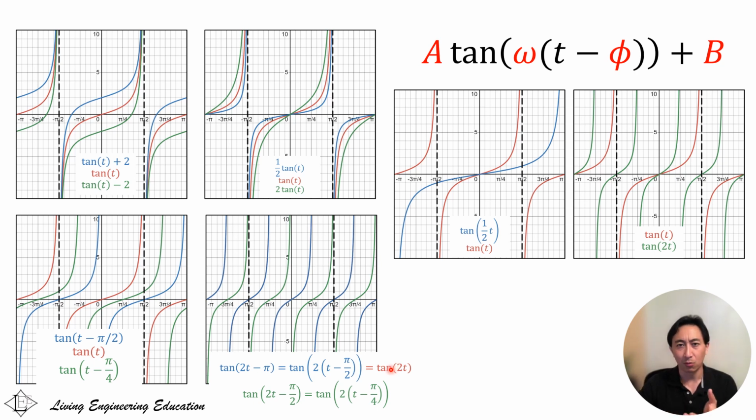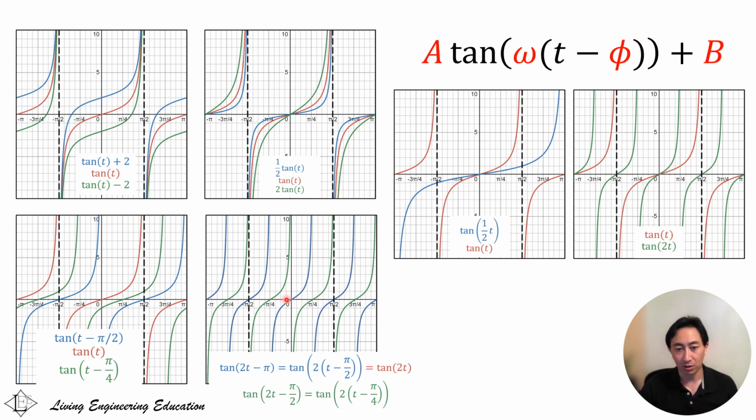This is the same thing that we saw when we were looking at the sine component. And over here we have tan 2t minus pi over 2. The phase shift is not pi over 2, right? So to actually determine the phase shift, we say tan 2 times the quantity t minus pi over 4. So the phase shift between tan 2t and this green graph is pi over 4. So if I go to pi over 4, I see that that's where I intersect the x-axis.